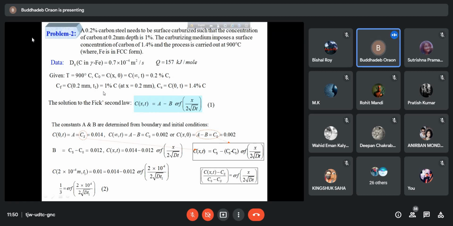Another boundary condition we can write as Cs equals C at x equal to 0, and for any t value it will be 1.4. As I have already explained, like that you can write the boundary conditions to get the two equations. Now we have to solve these two equations to get the values of A and B.